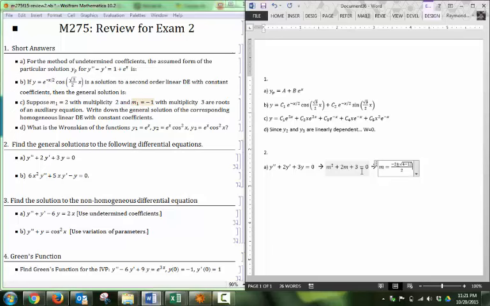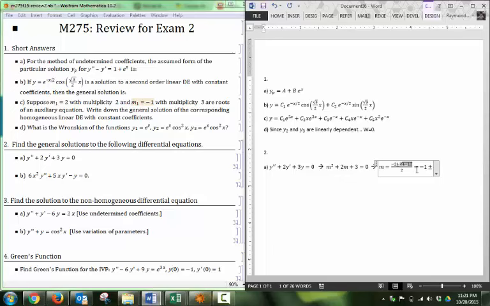So we have a negative 2 over 2, so that's as good as saying negative 1. And then we have a plus or minus, and then under the square root here will be 9, and the square root of 9 is 3, and then it's negative, so it's called 3i.